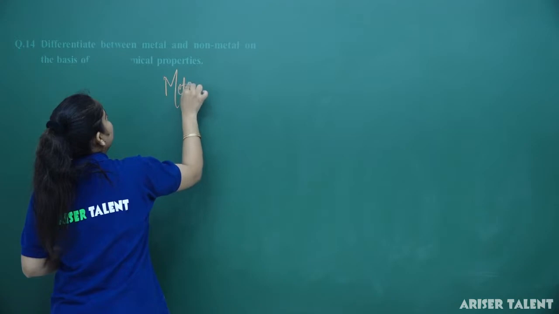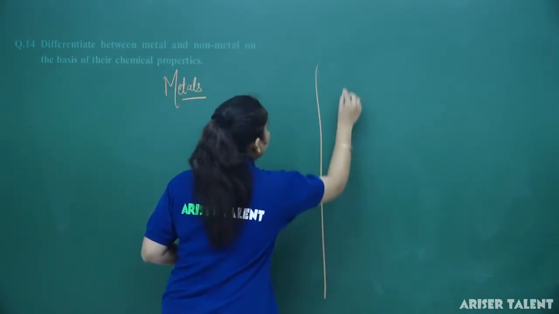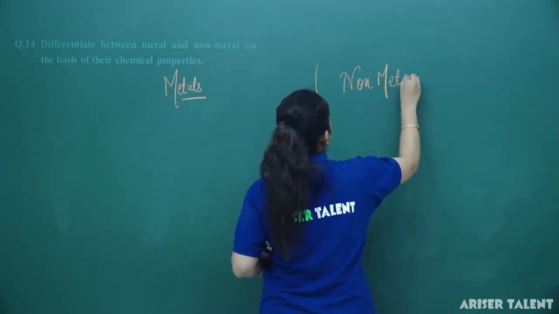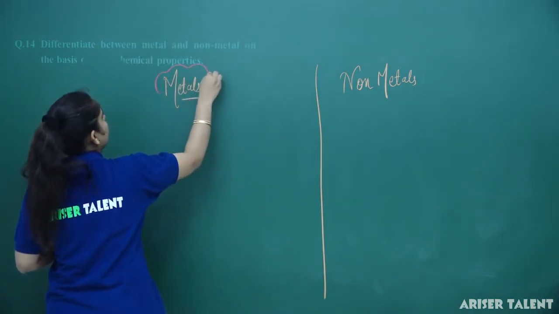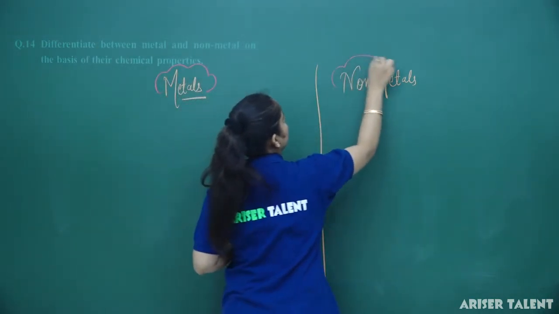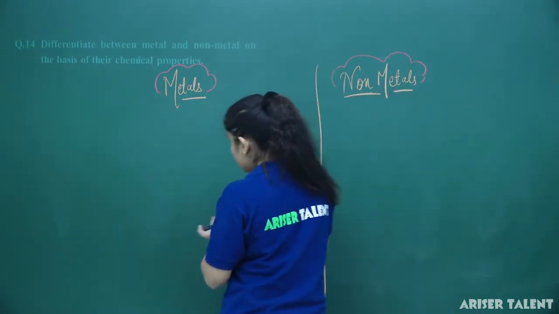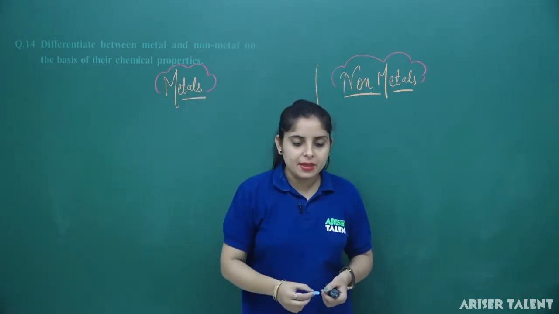Here we are writing metals and here we are writing non-metals. So the first difference between metal and non-metal is on the basis of their chemical reactivity.